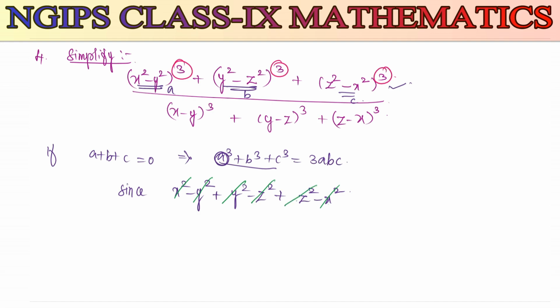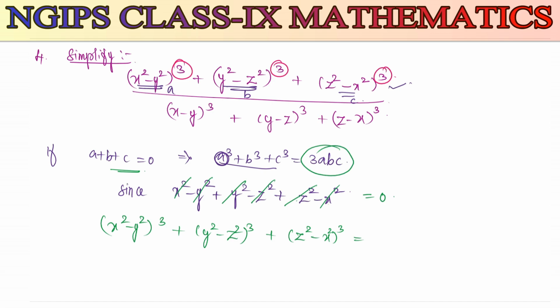So finally we get 0. When a + b + c = 0, we get (x² − y²)³ + (y² − z²)³ + (z² − x²)³ equal to 3 times (x² − y²)(y² − z²)(z² − x²).